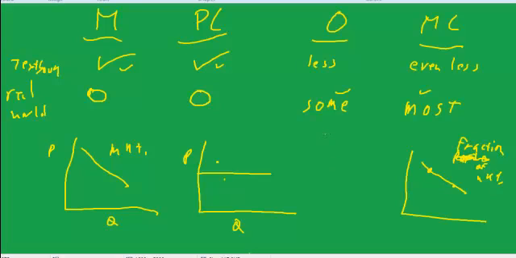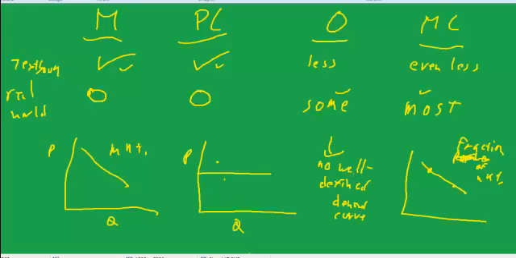The oligopolist I'm going to put off until we discuss oligopoly, because they have no well-defined demand curve. And the reason is that the demand depends on the behavior of the other people in the market.